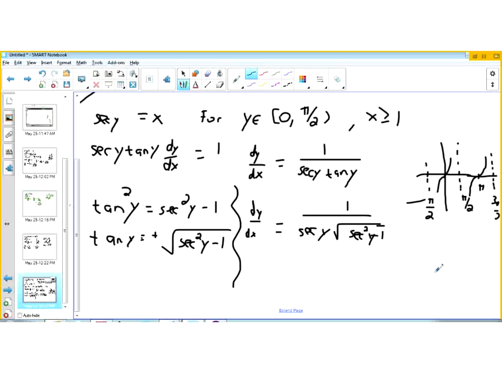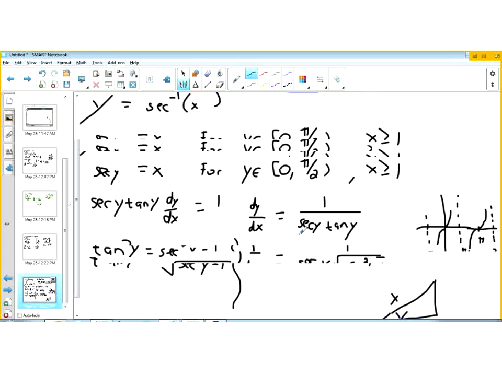And so now all we have to do is replace secant y with its expression in x. So we know that the secant of y, which is hypotenuse over adjacent, is that. And so the secant of y is equal to x, right?